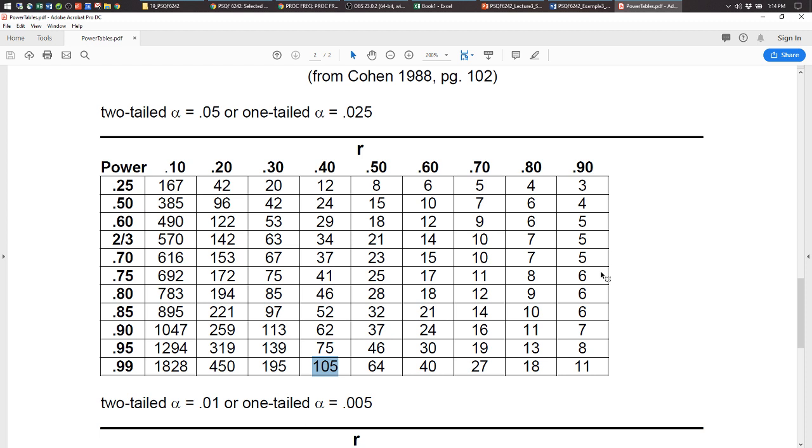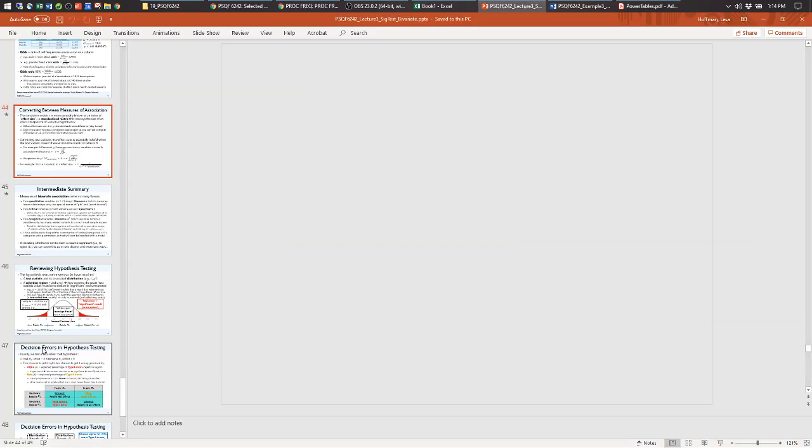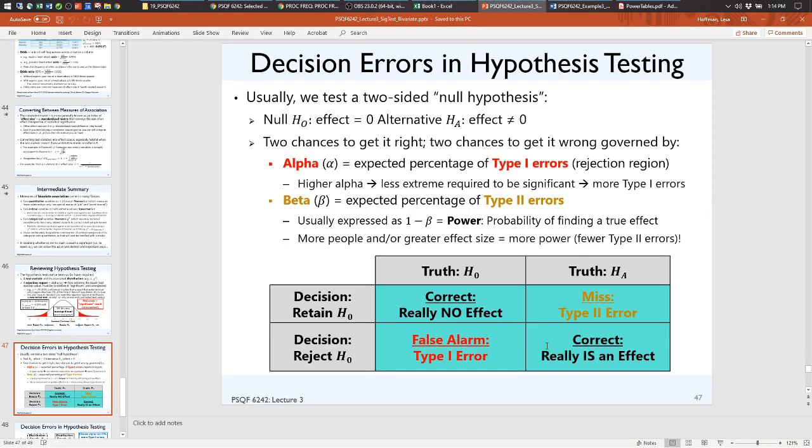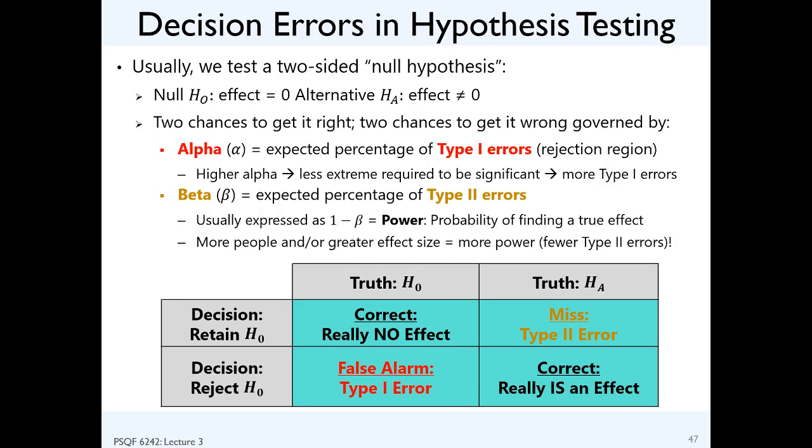Remember the ways that you can screw this up? Decision errors. We started talking about this last time. If we say something is significant, which row of this table are we in? Bottom one, reject.